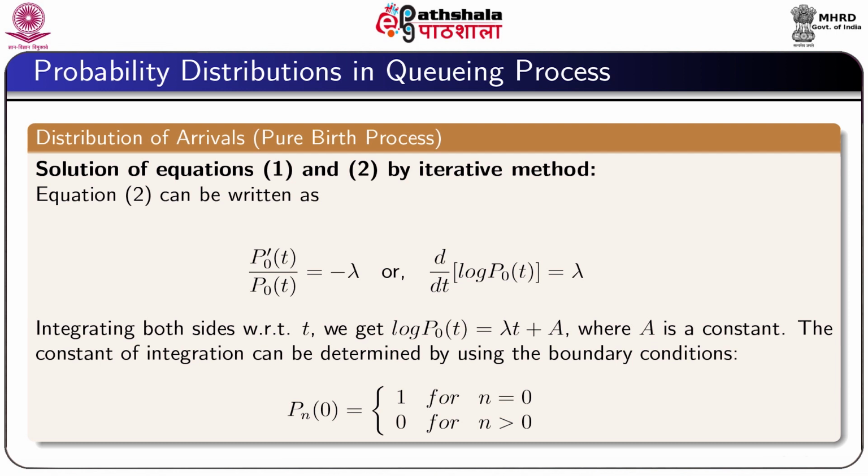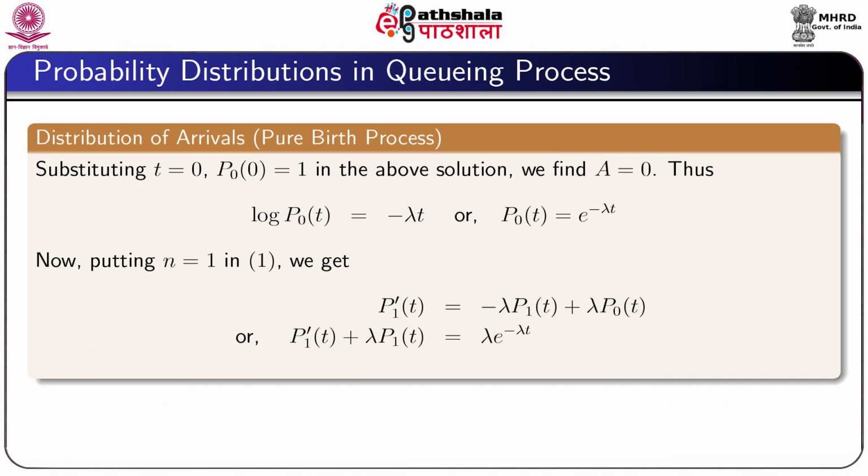To determine the value of this constant, we use the boundary conditions Pn(0) equal to 1 for n equal to 0 and Pn(0) equal to 0 for n greater than 0. Substituting t equal to 0, we have P0(0) equal to 1, and we find that a equal to 0. Thus, we get P0(t) equal to e to the power minus λt.